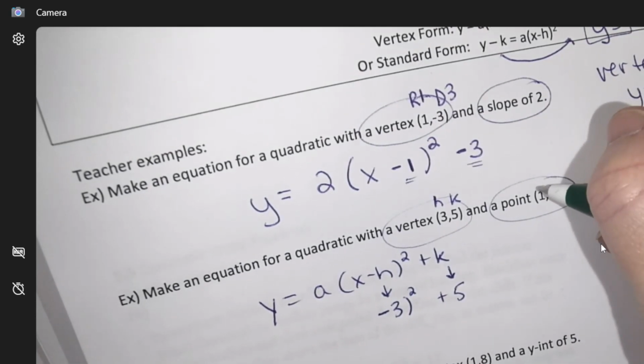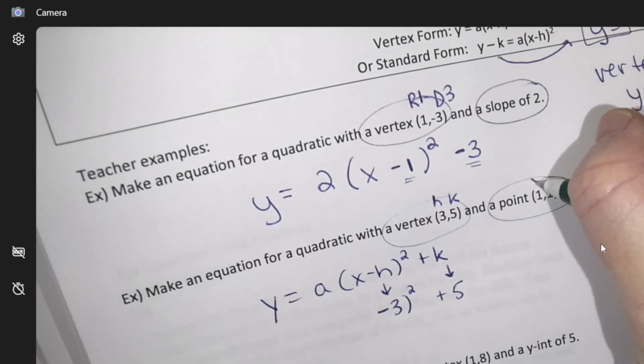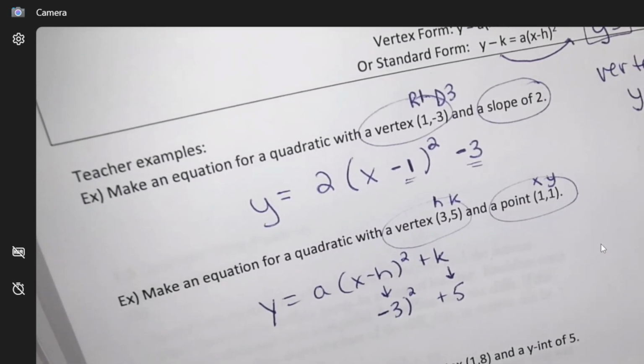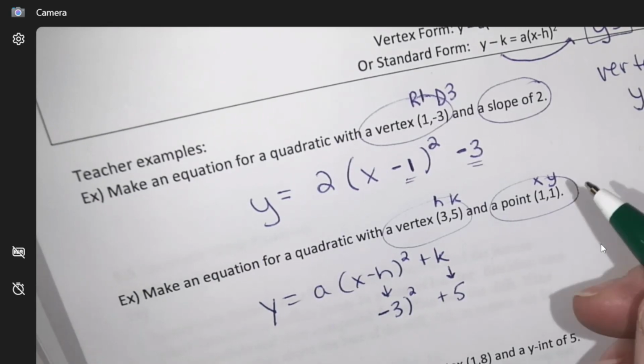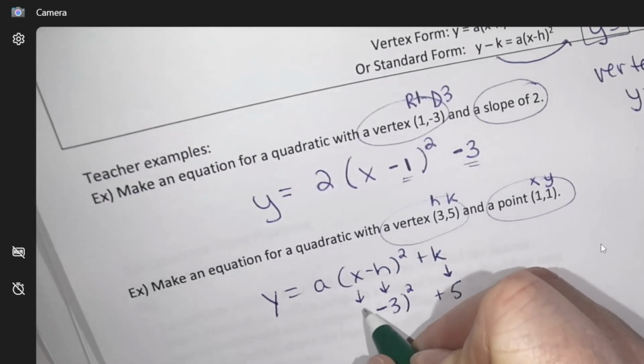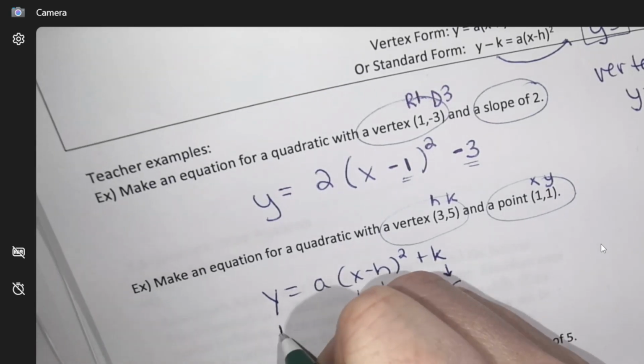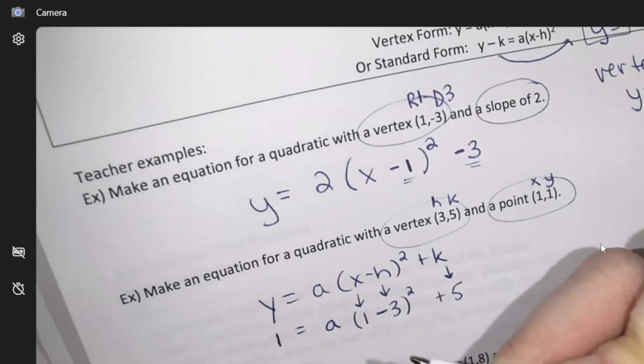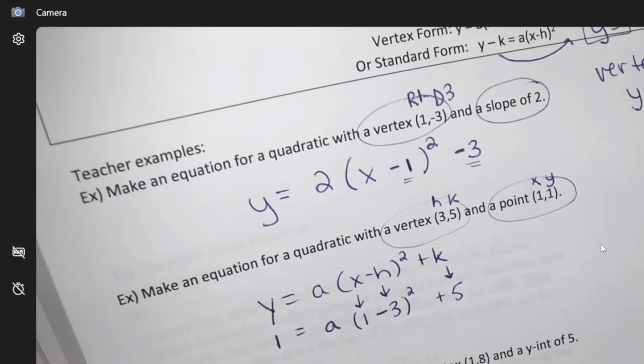Then a coordinate would be considered an x, comma, a y, any other point. So I'm going to replace x with a 1, and I'm going to replace y with a 1, and it looks like I'm going to have to figure out the a. So we're going to figure out the a.